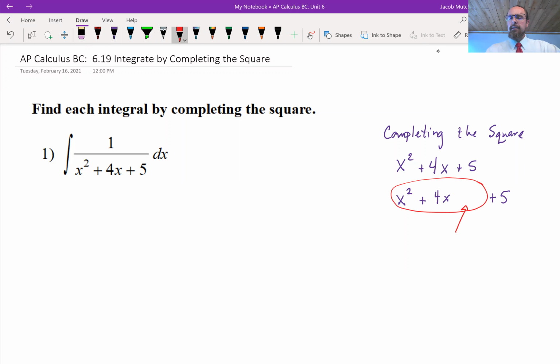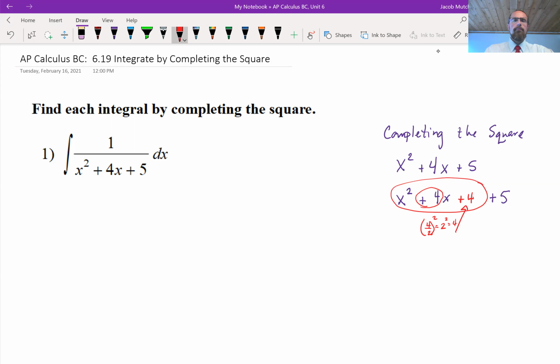The way that I find that constant is I go to the b term, which in this case is 4, and I divide it by 2 and then raise it to the power of 2. So 4 divided by 2 is 2, and if I square all that, 2 squared is 4. So I'm going to add 4 in that gap.